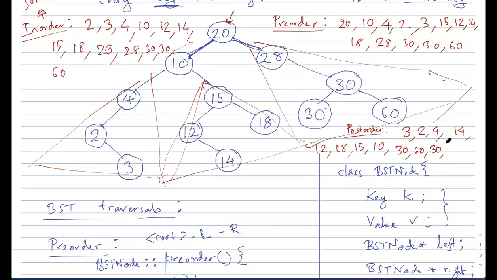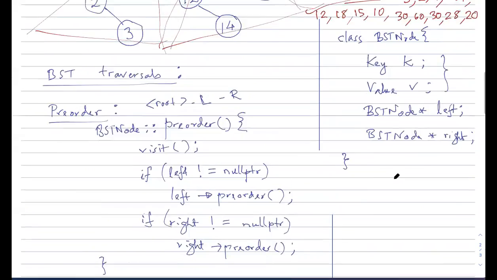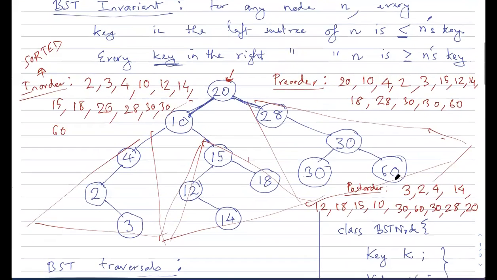And then it comes to 28, because it has printed all the children of 28. And then the left subtree and the right subtree of 20 are done printing. So now it is ready for printing 20. Any question on this traversal?